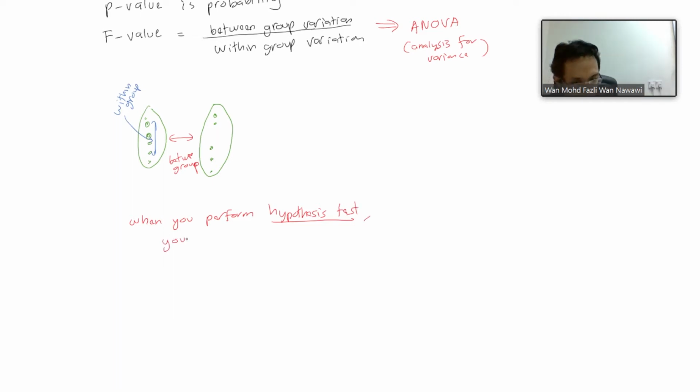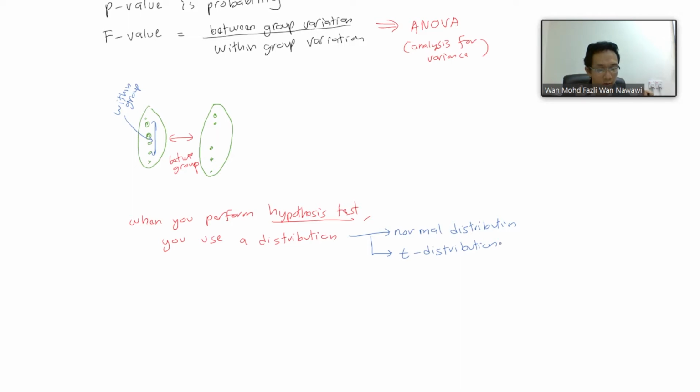You use a distribution, like the normal distribution or the T distribution, when you do sampling. From this normal distribution or T distribution, you will get an area, an area of probability.